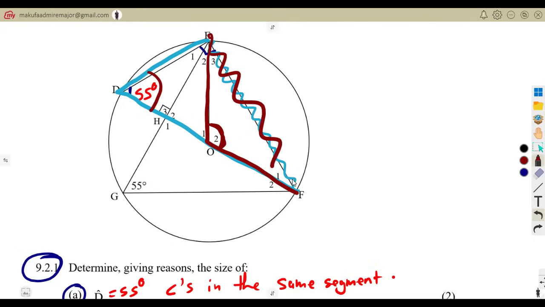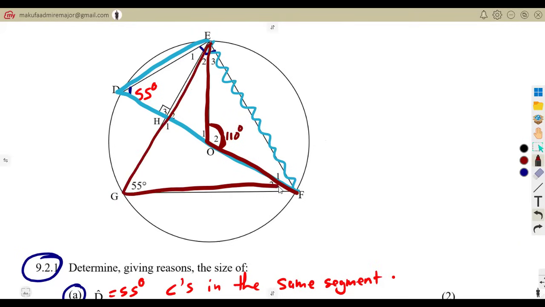The same chord. What is it that we know about a chord? When it subtends an angle at the center, and the same chord subtends an angle at the circumference, the angle at the center is twice. So we multiply it by 2, which is going to be 110. Or you can use even this one at G, same thing.